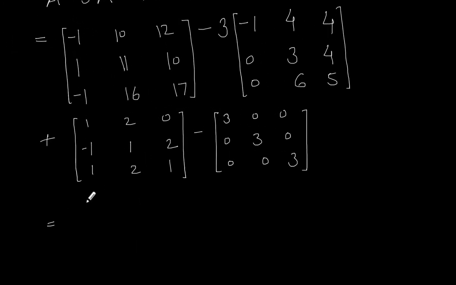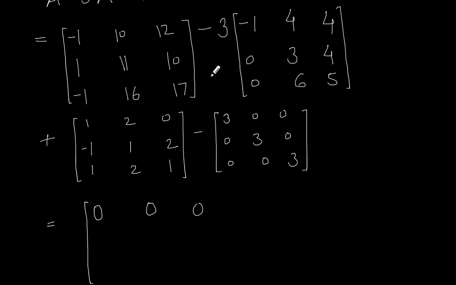First component: just add the first components of all the matrices. So we will have minus 1 plus 3 plus 1 and minus 3, which is 0. Second component: 10 minus 12 plus 2, 0. 12 minus 12, that means it is again 0. 12 minus 12, 0 plus 0 plus 0, again 0.